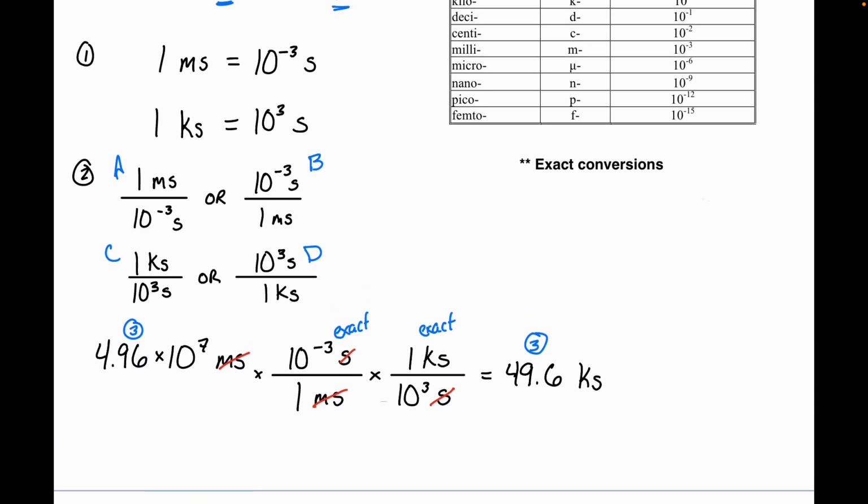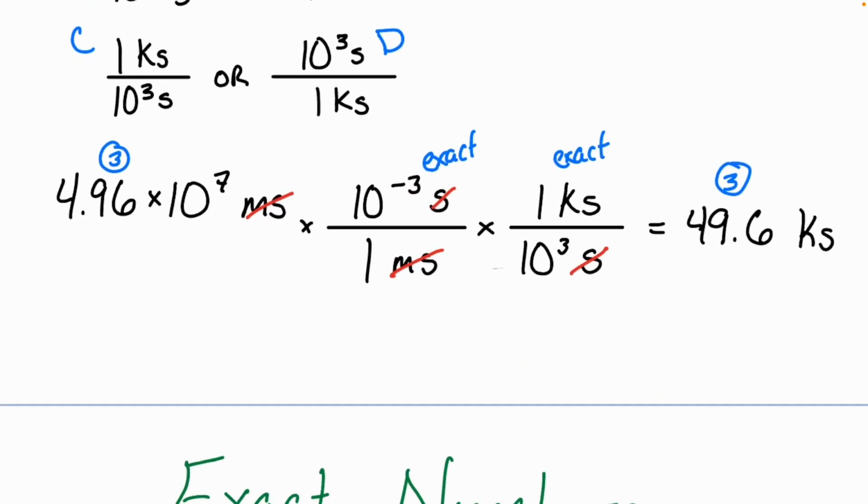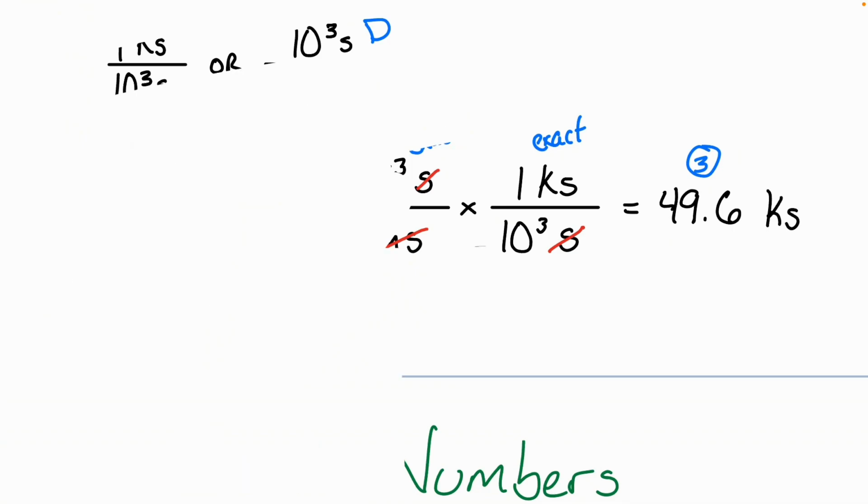Okay, real quick, just for the sake of our sig figs practice here, let me take this problem and change it around ever so slightly. What if instead we had 5.20 times 10 to the 7 milliseconds, and we do our same conversions here. So we're going to again convert into kiloseconds.